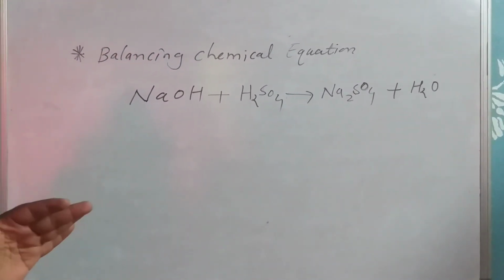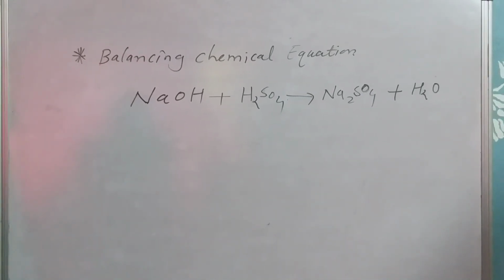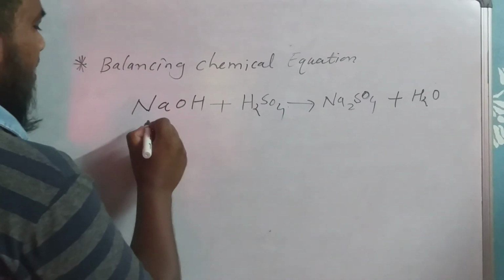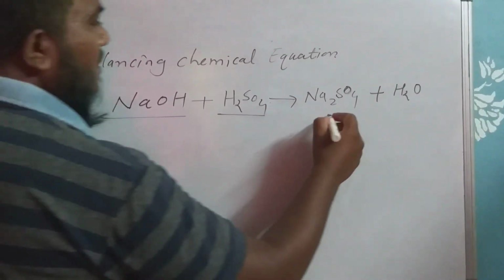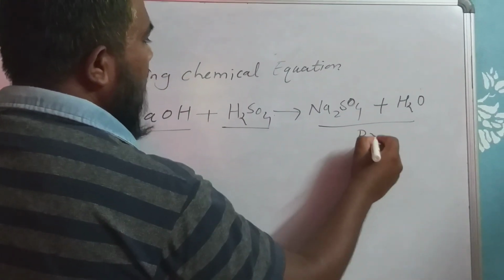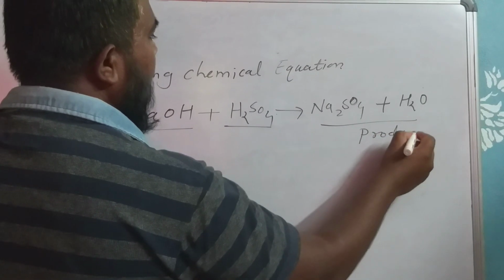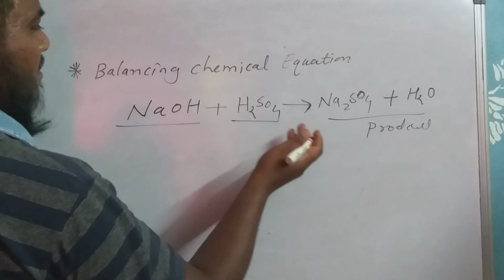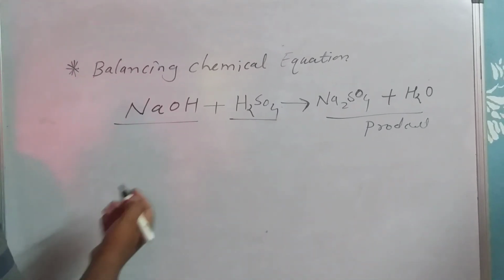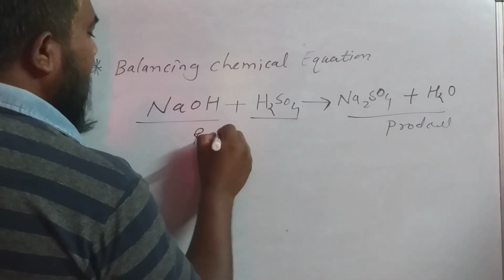Now what is meant by balancing of a chemical reaction? The chemical reaction contains these two as reactants. Now these are the products. We know the right side of the arrow has the products, and the left side of the arrow has the reactants.